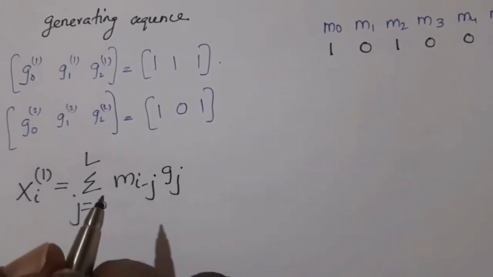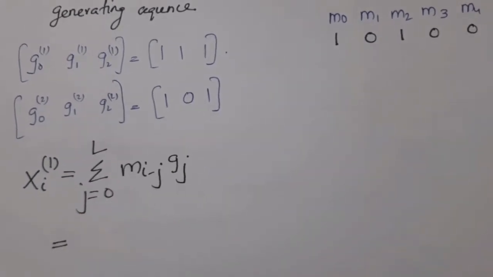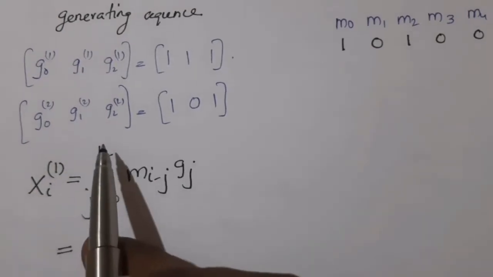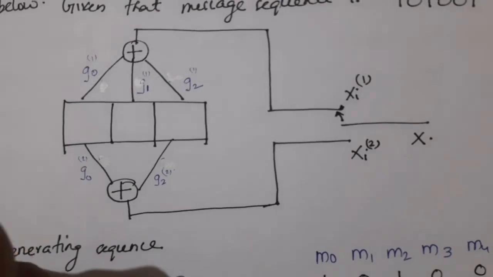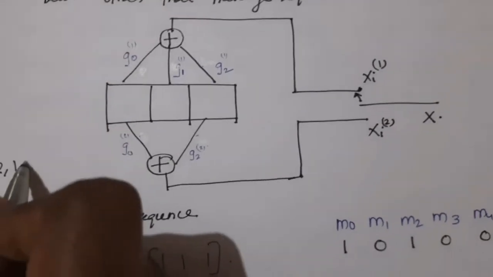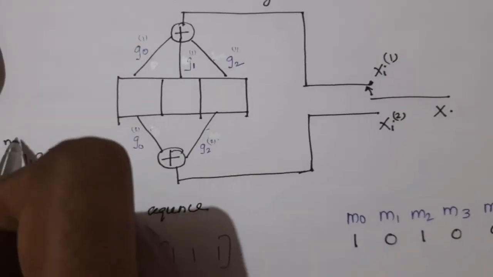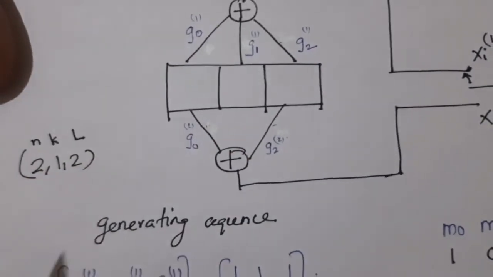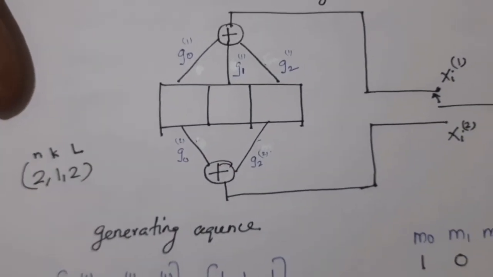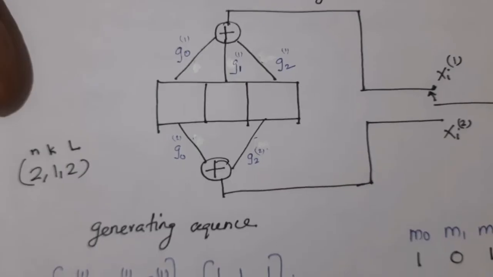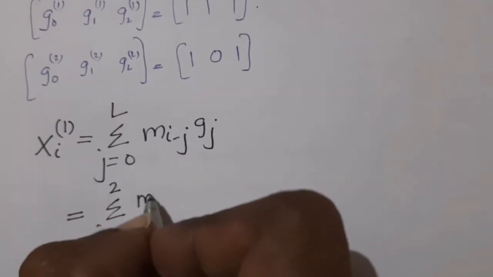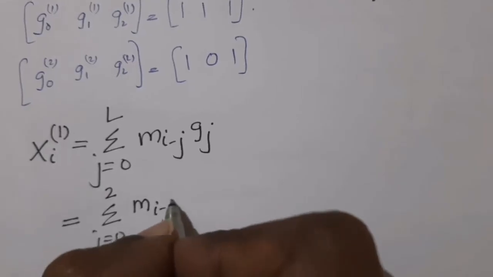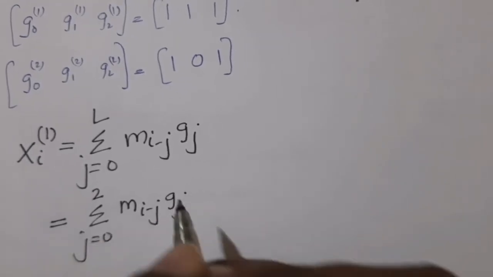We know that L is 2 for the given convolution encoder, which is represented as a 2, 1, 2 convolution encoder. This is N, K, L. So L here is 2. So this can be written as sigma j equal to 0 to 2, mi minus j g of j.